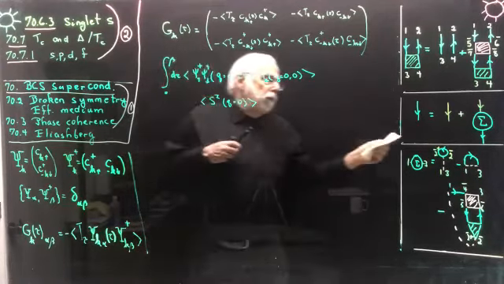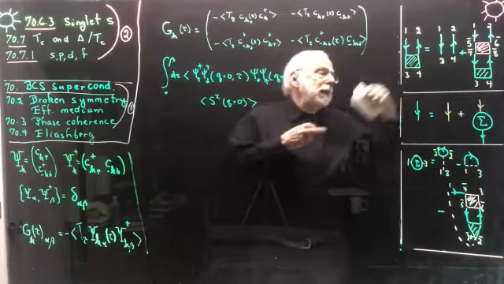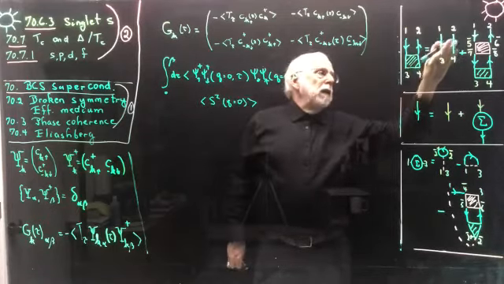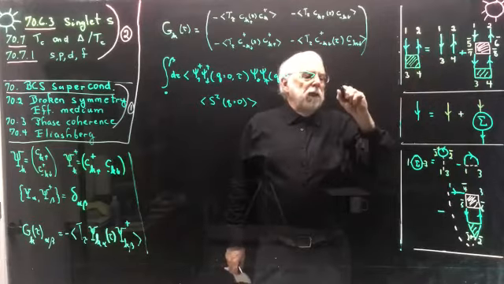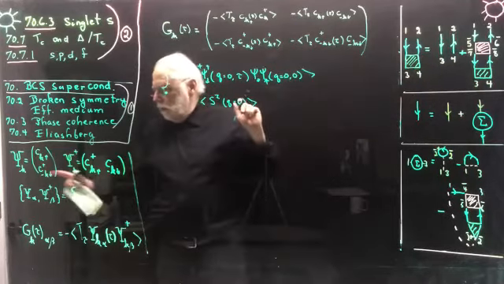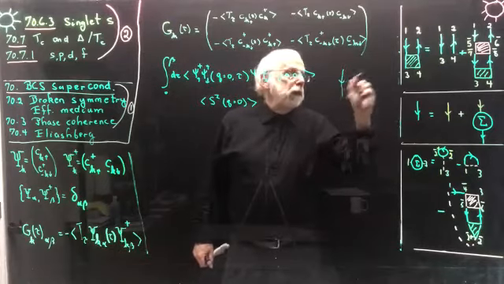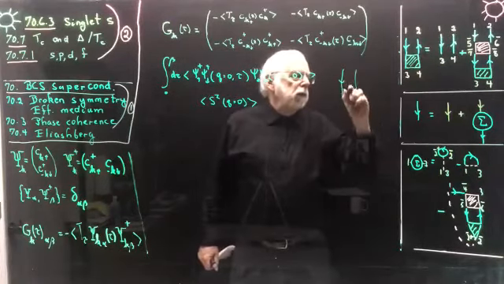So the formalism was the same, except that when we go back to the actual Green's functions, then we have to realize that for the down spins, the arrow has to be in the opposite direction.